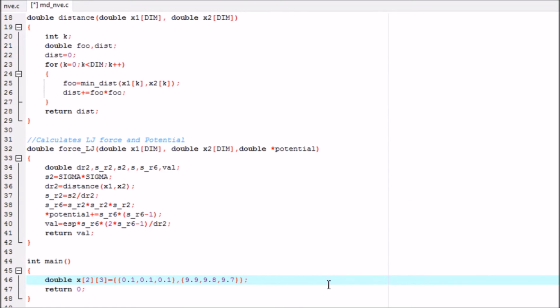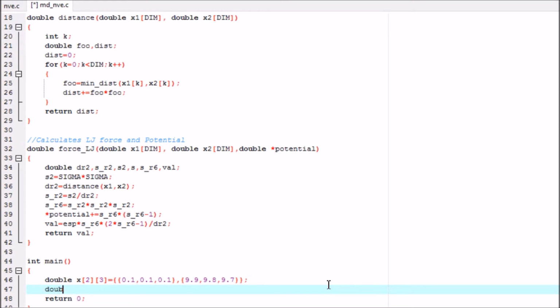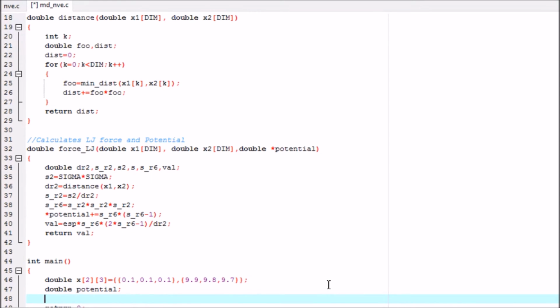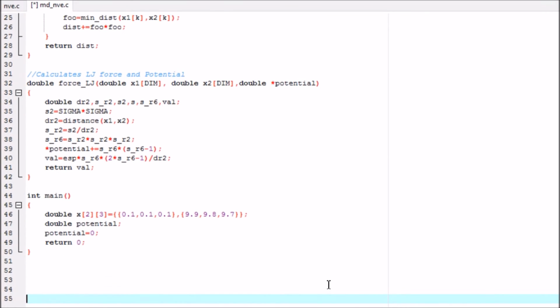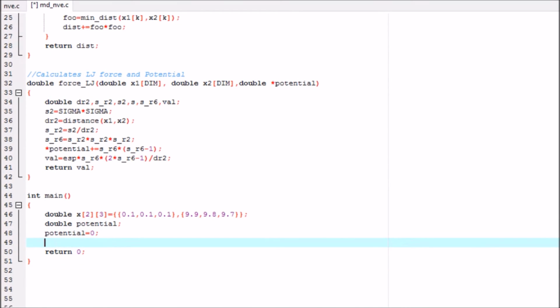We have to pass a potential, so we'll define a double potential. We'll initialize potential as potential equals 0. Okay, let's go down a bit. So the potential is 0.